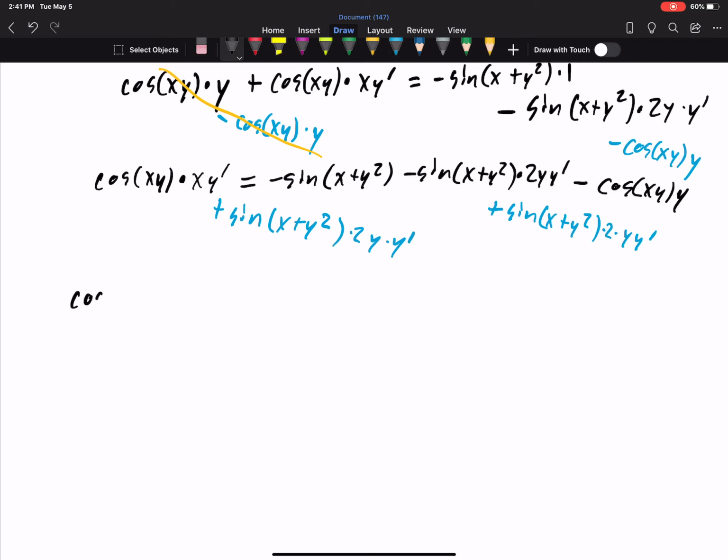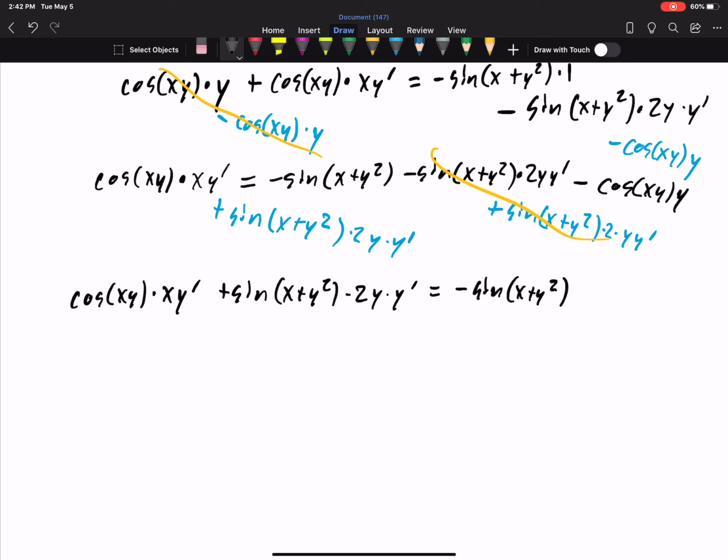Then we have cosine of xy times xy prime plus sine of x plus y squared times 2y prime. And then this is equal to everything that remains. So we killed off this thing. So we have minus sine of x plus y squared minus cosine of xy times y. All right, so now we have all of our y prime stuff on the left-hand side. We have all of our non-y prime stuff on the right-hand side, just as we would hope.